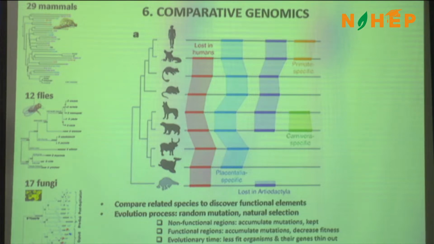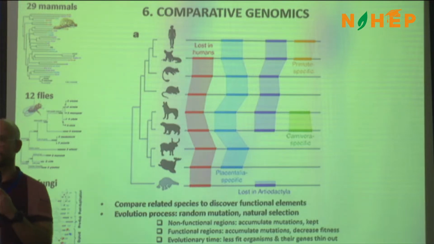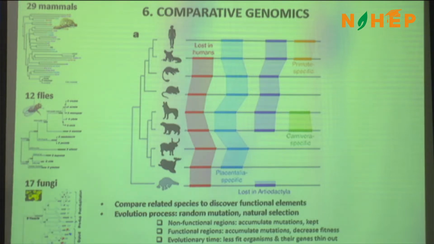But at the end of the day, we want to know what is lost in some of them or what is gained in some of them to make them different, for the phenotype that we want to know: which gene or which group of genes is making the phenotype that we are interested in. Okay, so this is basically what we are going to do.